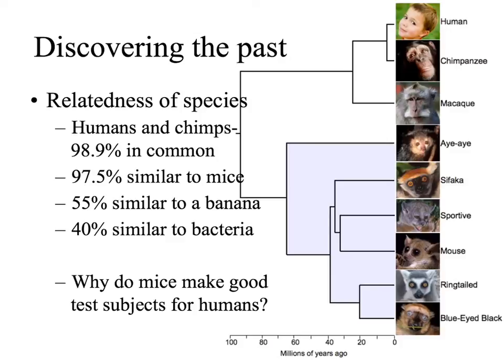We, as humans, are 97.5% the same as a mouse, 55% the same as a banana, and 40% the same as a bacteria. This information is often used to help us put together phylogenetic trees like this one. These trees show us similarities in organisms. So the closer organisms are on a tree, the more similar their DNA is.